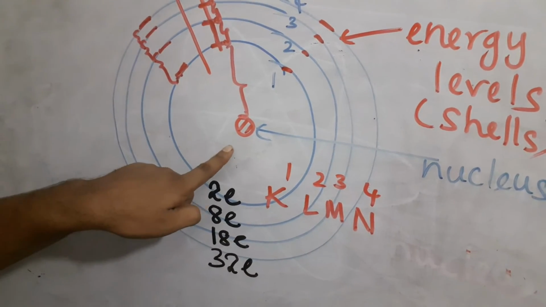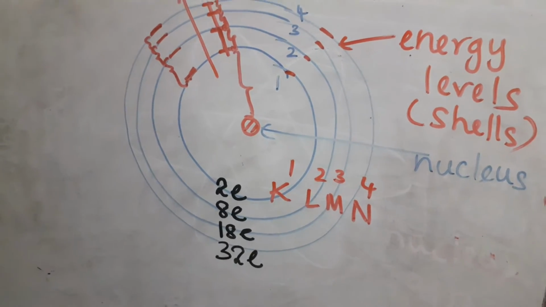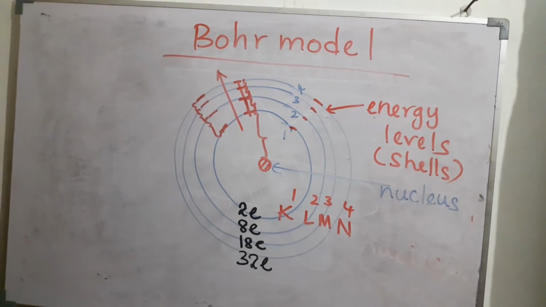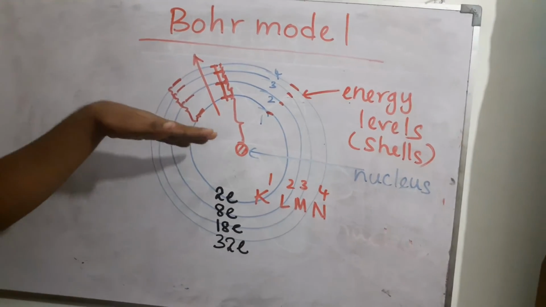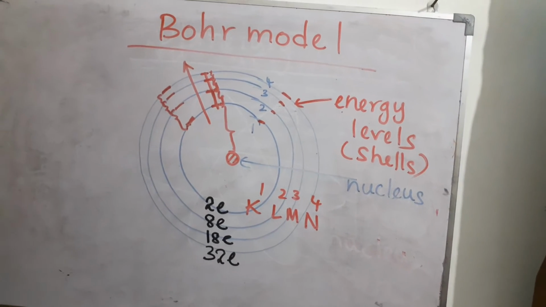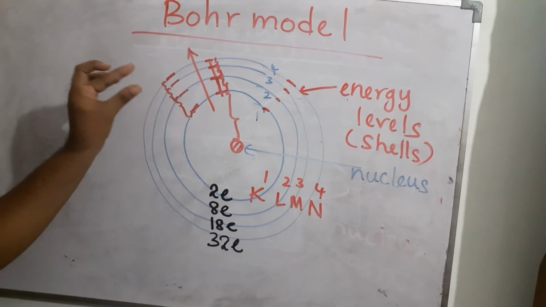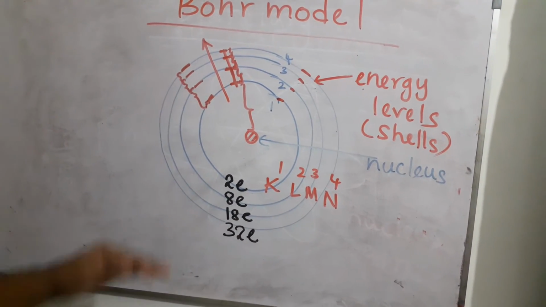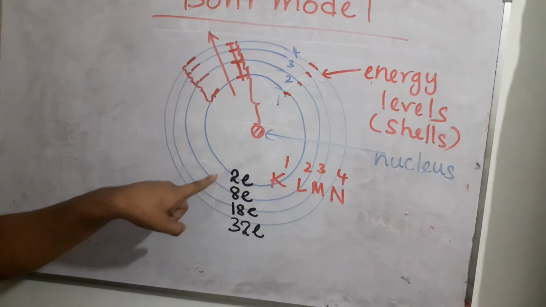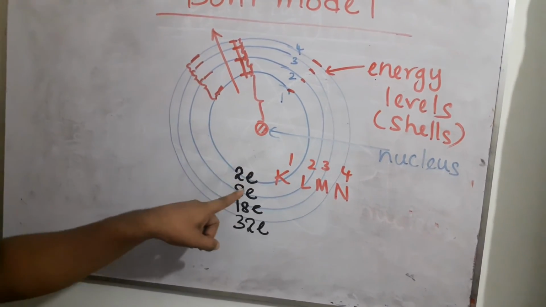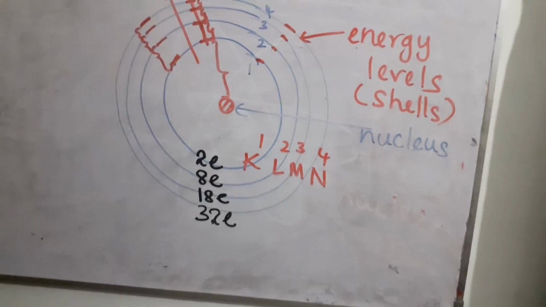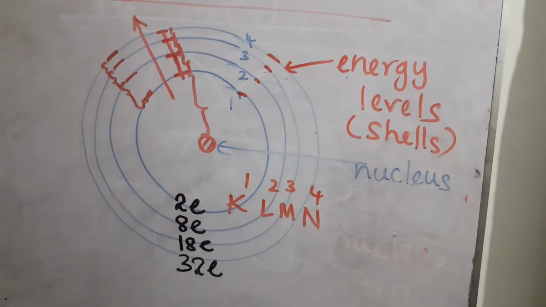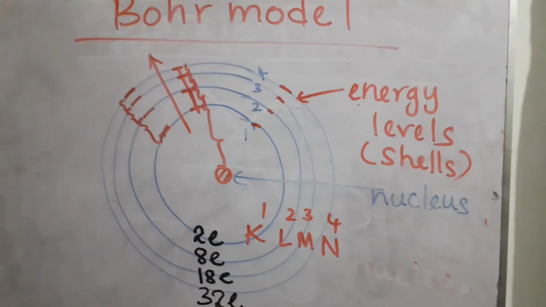The nucleus is in the middle with protons and neutrons. Electrons are revolving on specific energy levels. Energy increases from the first level to the fourth, but the energy gap decreases from 1 to 2, 2 to 3, 3 to 4. And there are specific numbers of electrons filled to each energy level. So that is about the atomic models.